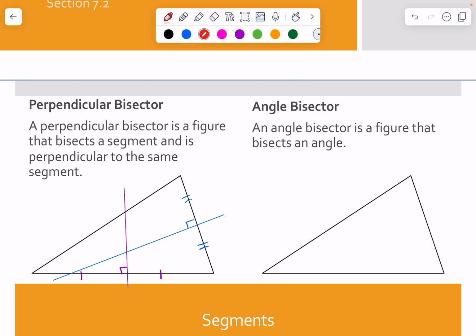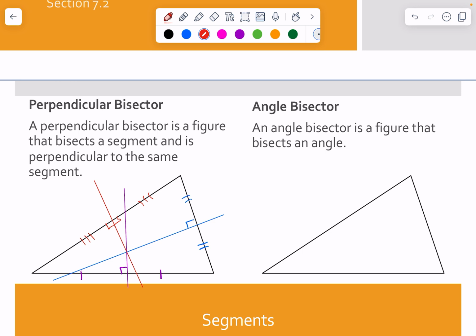You would also have a perpendicular bisector that would be something like this. It would be perpendicular to that side, and it would bisect that side. Okay, so that's what a perpendicular bisector looks like. Each side of the triangle has a perpendicular bisector.